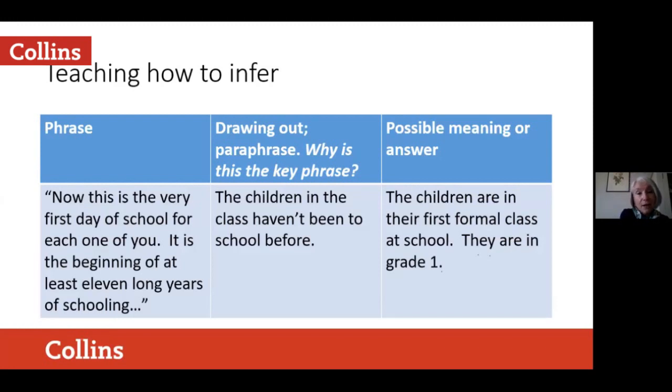So they identify the words, they talk about what they mean, they paraphrase, they draw out, they work out why it's the key phrase, what it means, what bit of the meaning is significant, and therefore how they know from that key phrase.